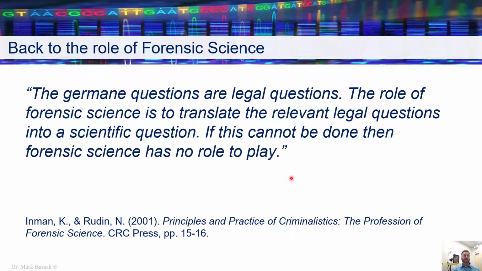And this finally brings us back to the main role of forensic science, which is to translate the relevant legal questions into scientific questions and provide objective information which can be used by the legal system to make reliable evidence-based decisions. So if forensic science is unable to do this, it is pretty much useless.